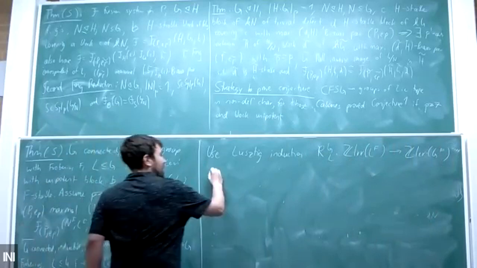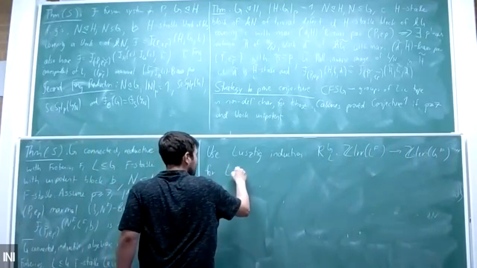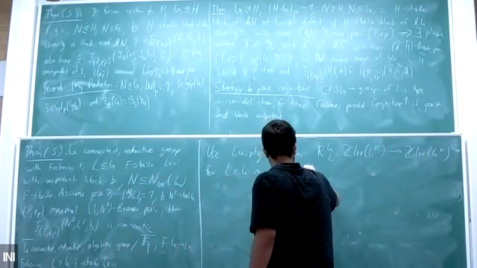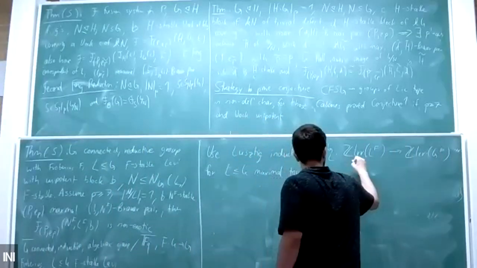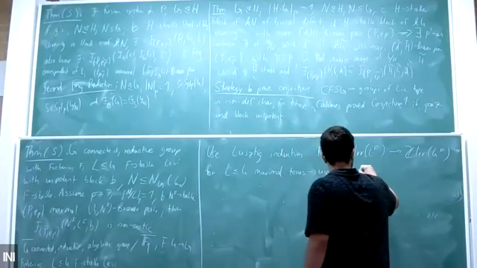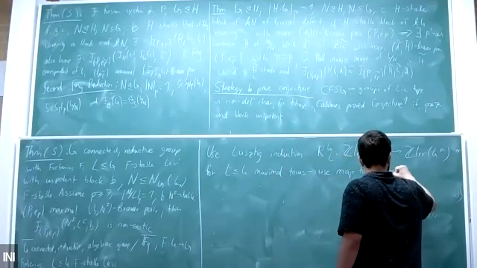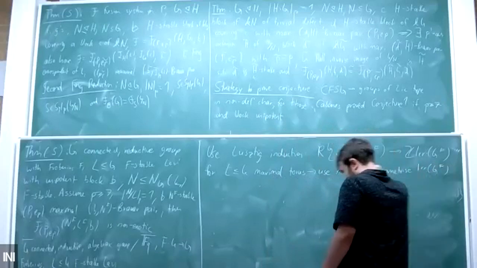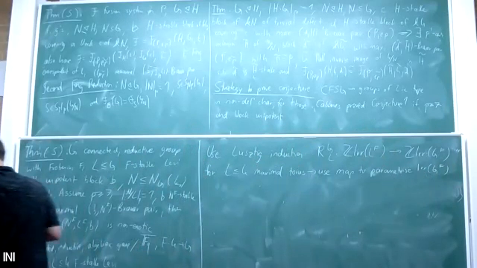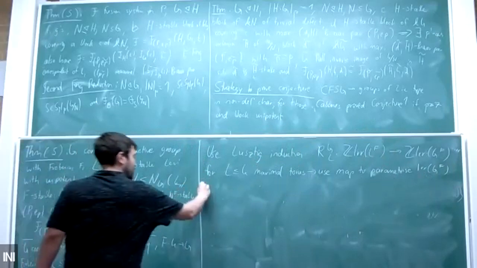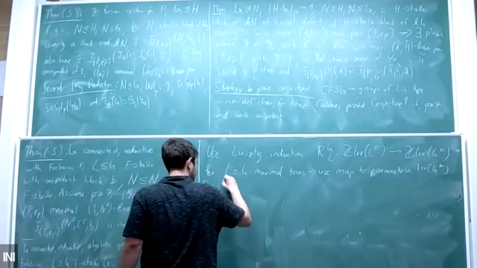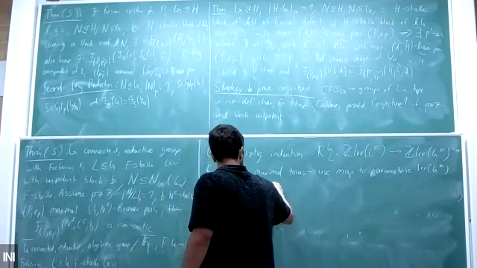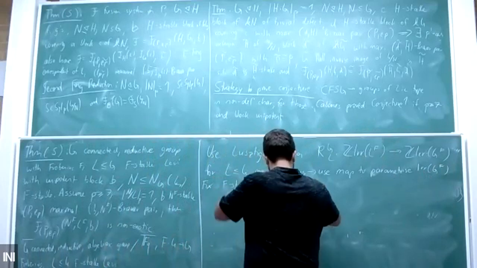And so we can use this. If L is a maximal torus, you can use this map to parameterize the irreducible characters of G^F. How does it work? First, let's fix an F-stable torus of G so that we can talk about some duality.